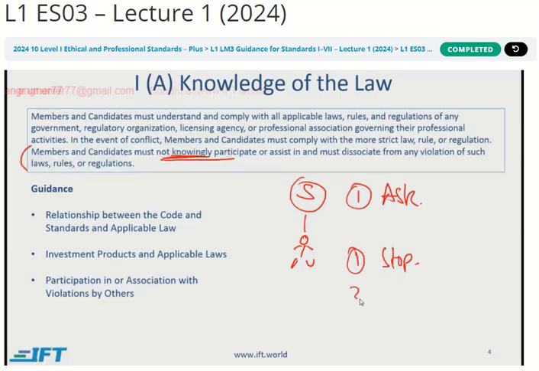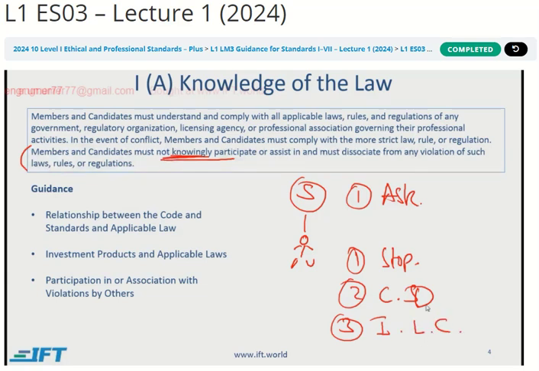But if you are not, then you take the matter to your compliance department. So have a meeting with the appropriate person in the compliance department and inform them of what you have seen. So I'll just write that down as the compliance department. If necessary, you can seek independent legal counsel.